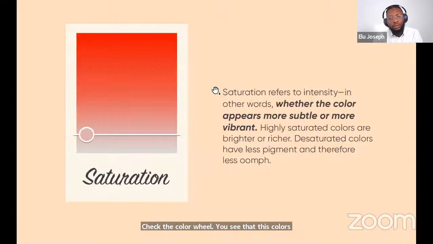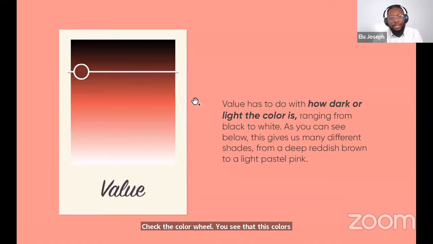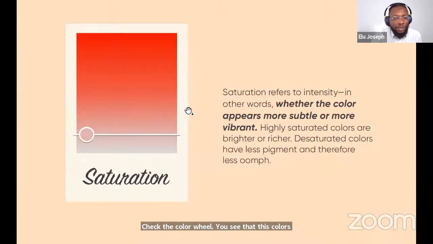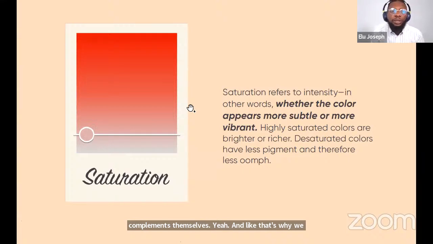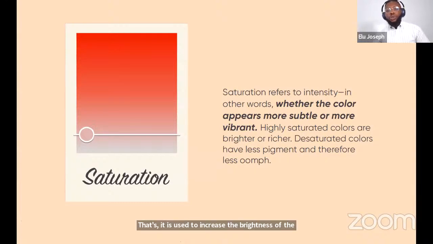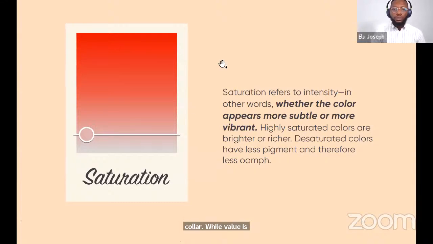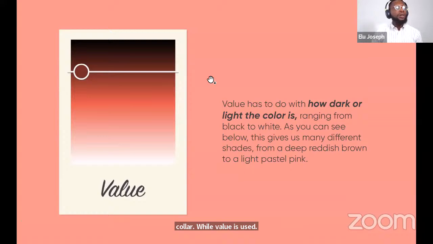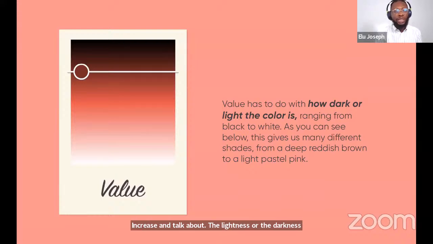They are dark and light. That's why we have value and we have saturation. Saturation is used to increase the brightness of the color, while value is used to talk about the lightness or the darkness, not brightness. Remember, when something is light, it's different from when it's dark.